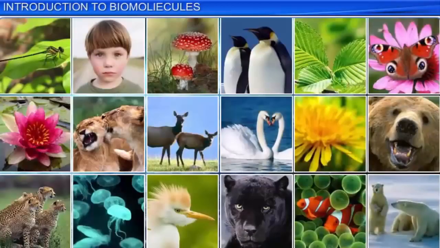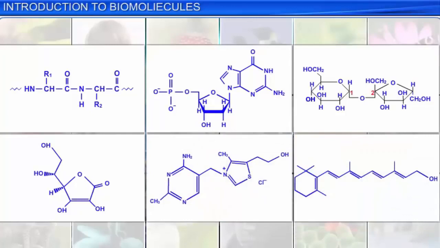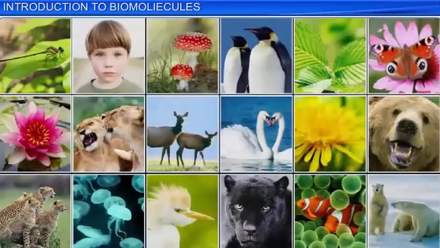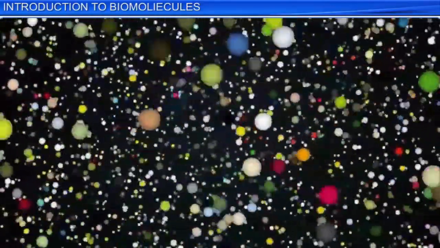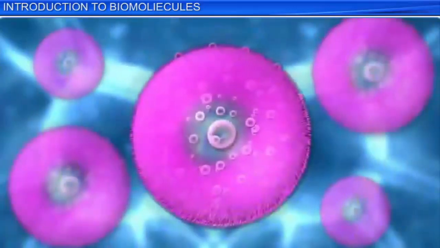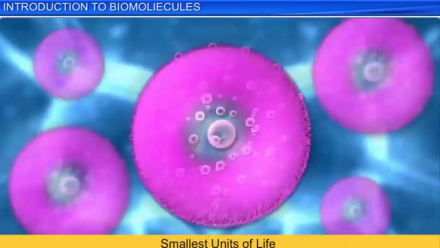You already know that a living organism is a collection of organic molecules. All living organisms are composed of one or more cells, which are considered the smallest units of life.